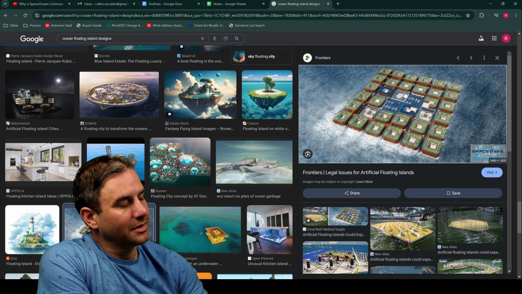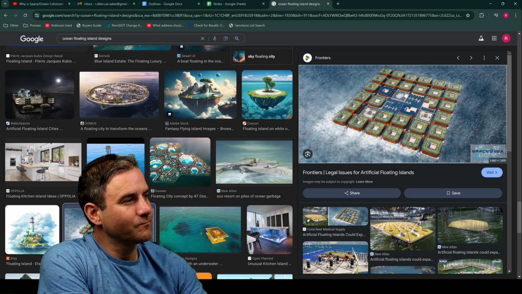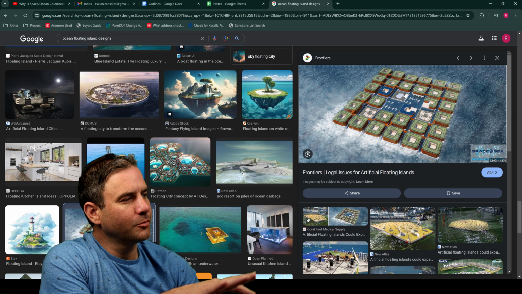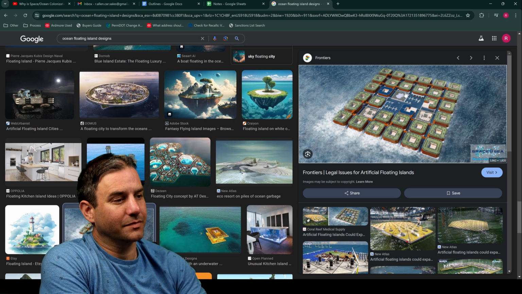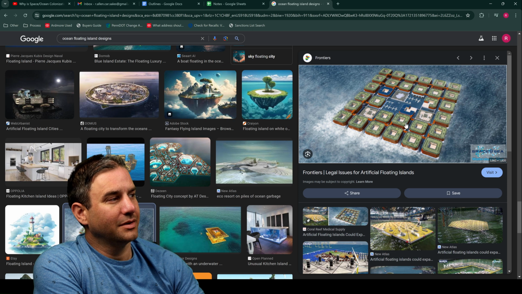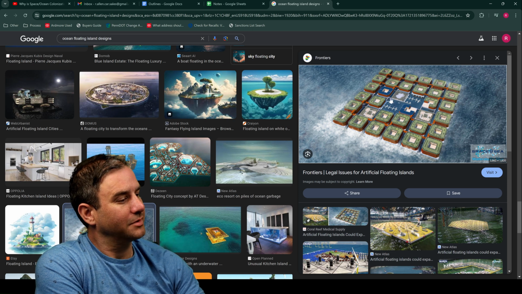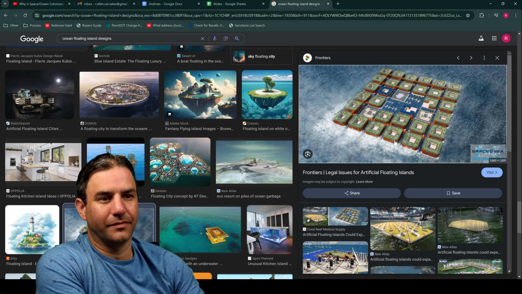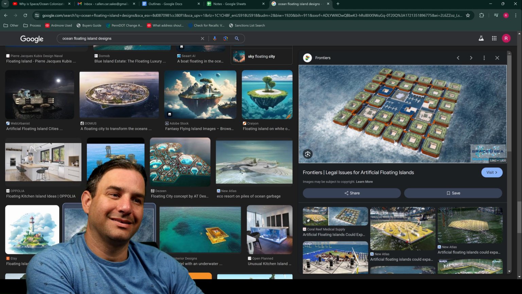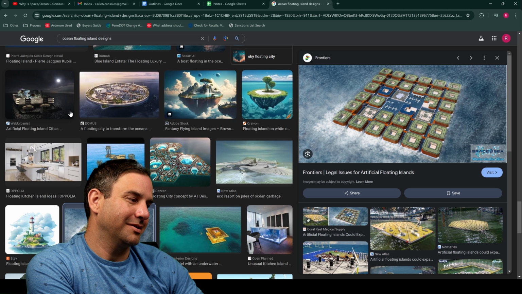So you're still going to get some movement up and down and sideways rocking with different sea states, but to me that seems like a much better idea than trying to build one giant structure that floats as a solid surface. That just doesn't seem practical at all.